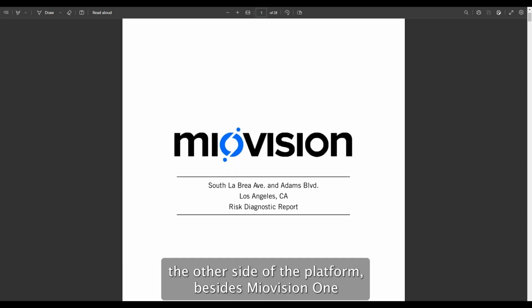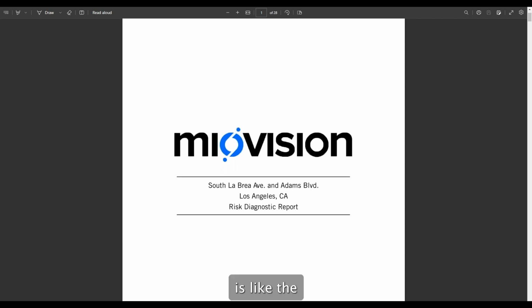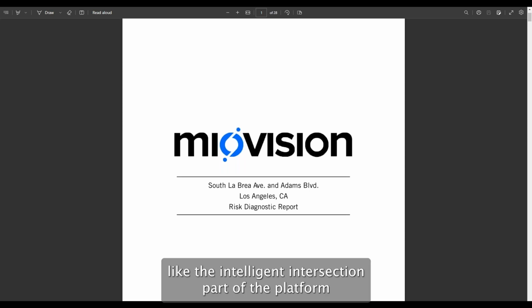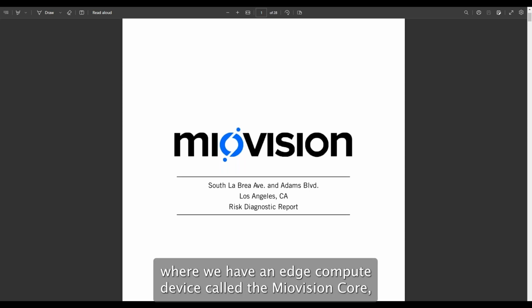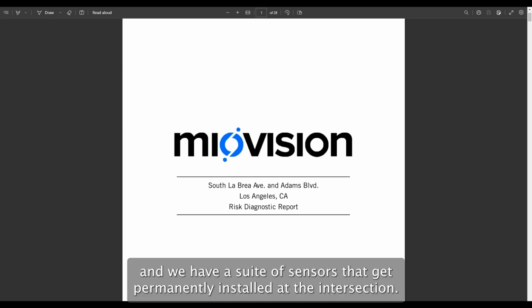The other side of the platform, besides Miovision One, is the intelligent intersection part, where we have an edge compute device called the Miovision Core, and a suite of sensors that get permanently installed at the intersection.